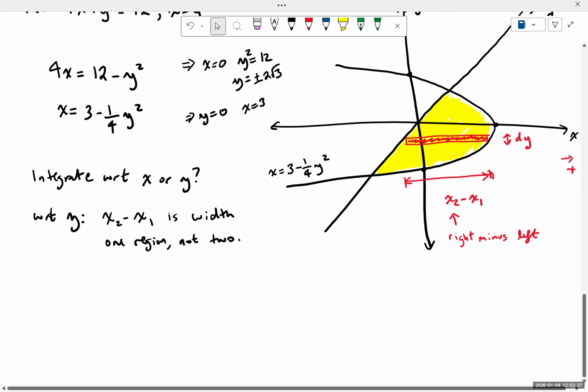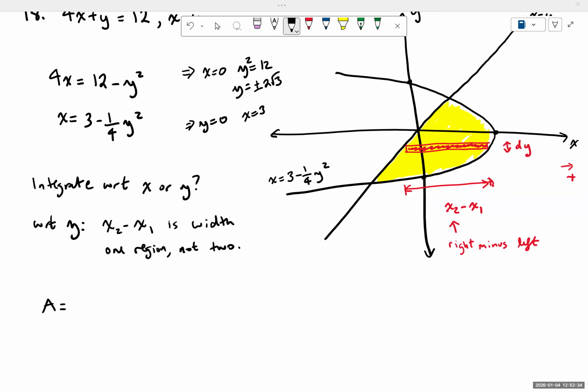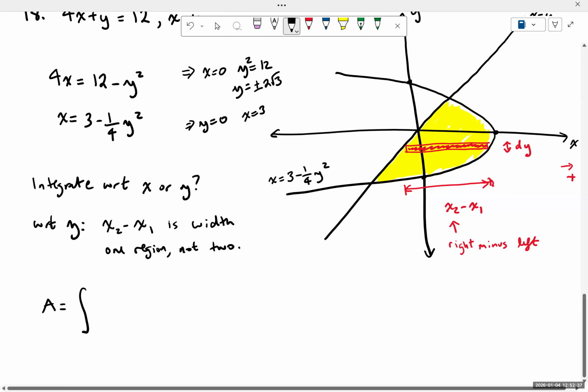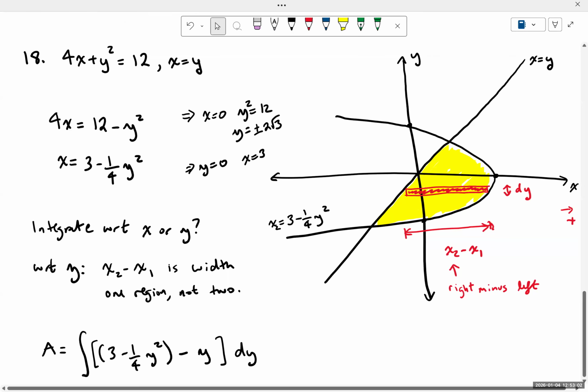Okay, so that's going to tell me that what I want for my area is going to be the integral, from what to what, we'll get there, of x2 minus x1, so the one on the right minus the one on the left. This is going to be my x2, and then the other one's going to be my x1. So we would have 3 minus 1/4 y squared minus xy, right? Because we're doing it with respect to y, right? So this would be x1.